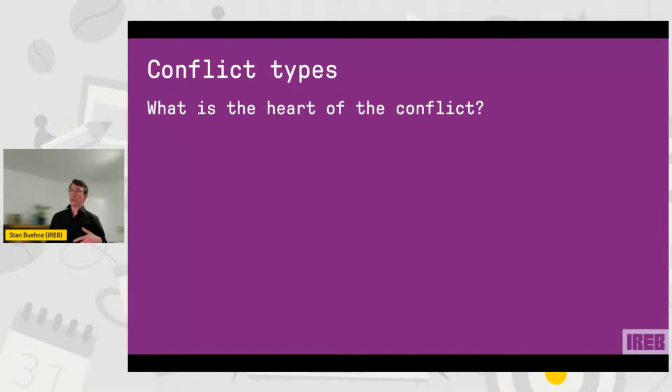When talking about conflicts and when dealing with conflict, it's quite important to see what is really the source or the heart of the conflict. So what is the conflict about? And there are different classifications, different conflict types that we have. On the one hand, we have subject matter conflicts. Subject matter conflicts we call it if we have different faculty needs.